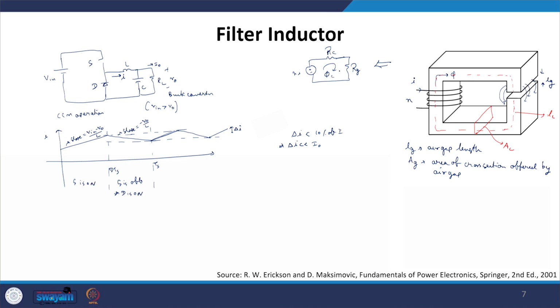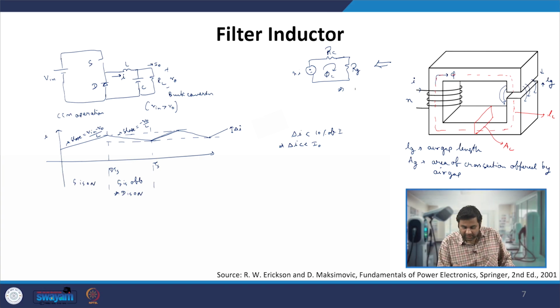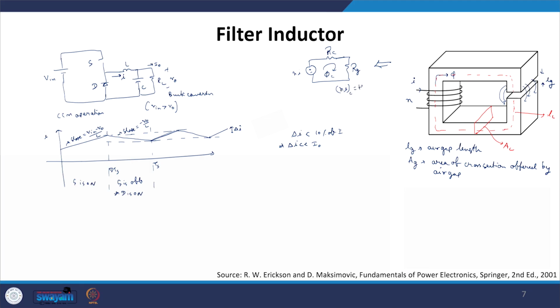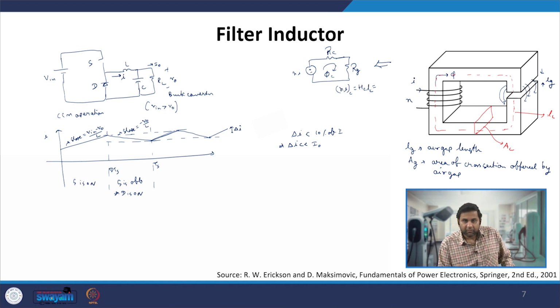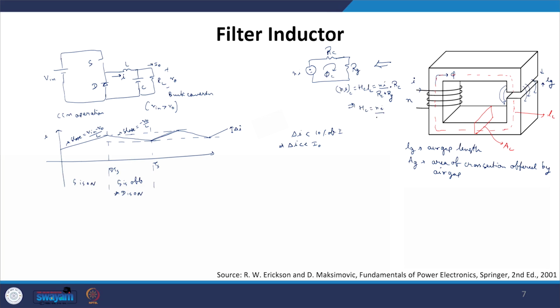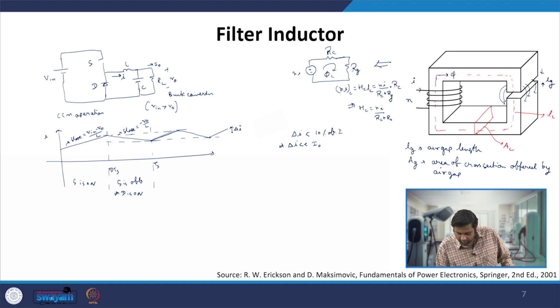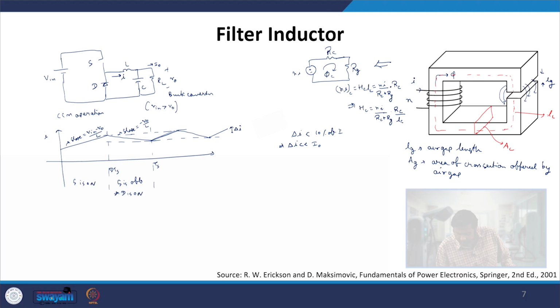We can then write the MMF drop across Rc, from Ampere's circuit law, HC Lc, which is my overall flux Ni by Rc plus Rg multiplied by Rc, so HC is Ni by the reluctance of core plus reluctance of air gap, multiplied by the reluctance offered by core divided by Lc.